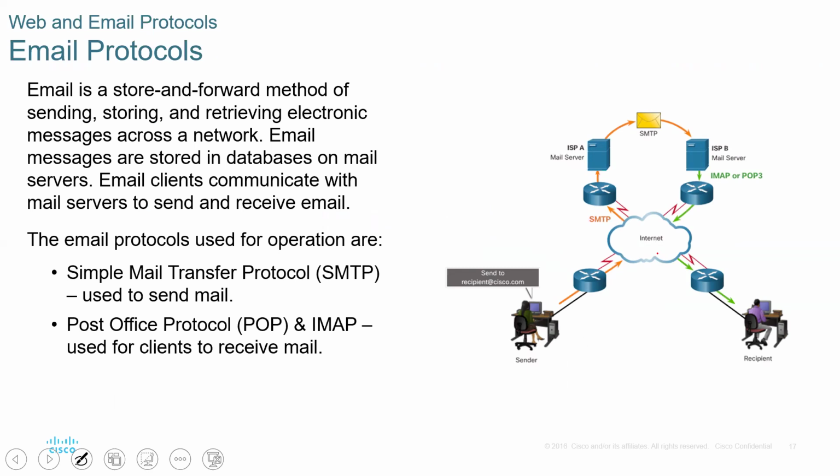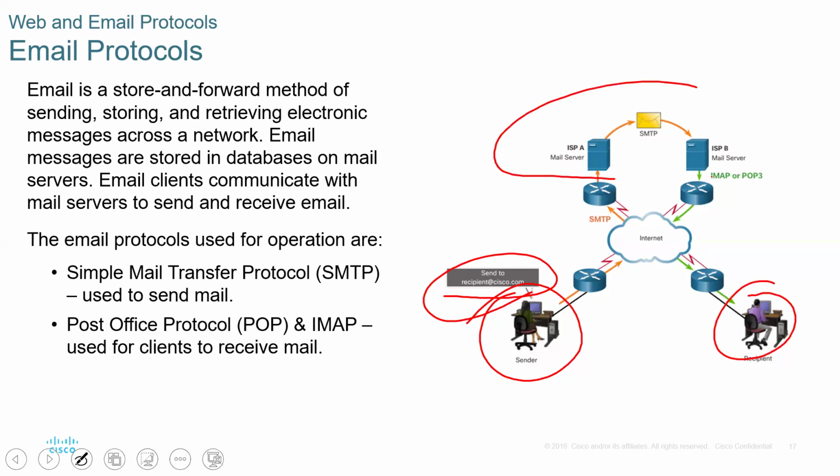So if this guy is sending email and this is the recipient, the mail is actually going to go and sit on a particular server, and that's the mail server. And then this recipient is going to receive the mail because the communication of the mail is happening just between these two servers. That is where the communication of the mail is happening.